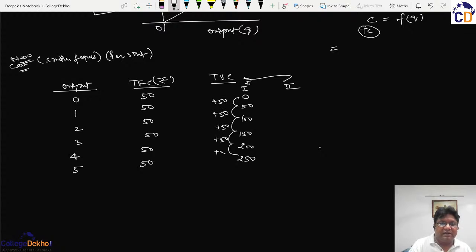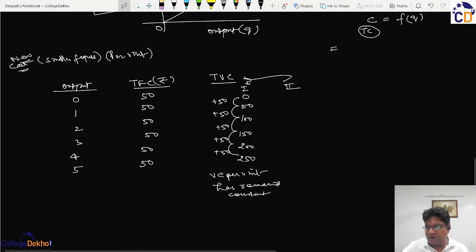So we can say that the variable cost per unit has remained constant.